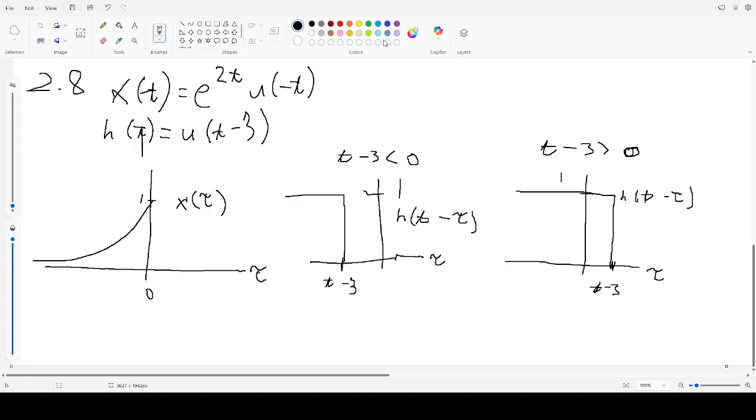The first case is going to be all of x, because all of x is to the left here, so it covers all of it. The second case is going to be at t minus 3 here, just this part of x. Which is nice because it's the same equation either way.